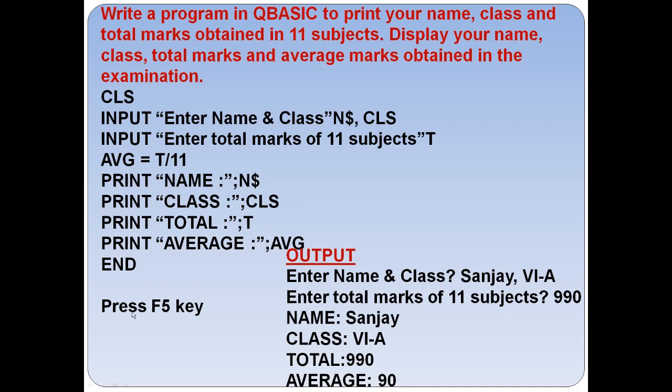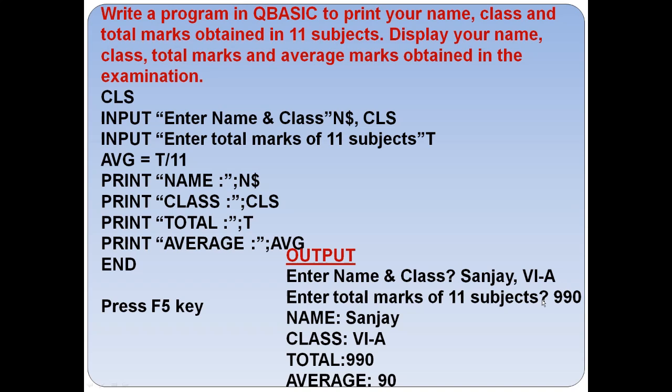When we press the F5 key, this type of screen will come. Enter name and class, and a question mark is displayed here. Then you will write the name Sanjay, any name you can write, then comma, class 6A or 6B or 6C, any class you can write. Next is enter total marks of 11 subjects.